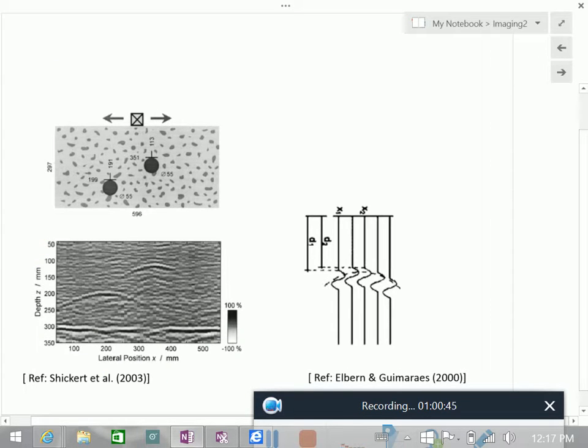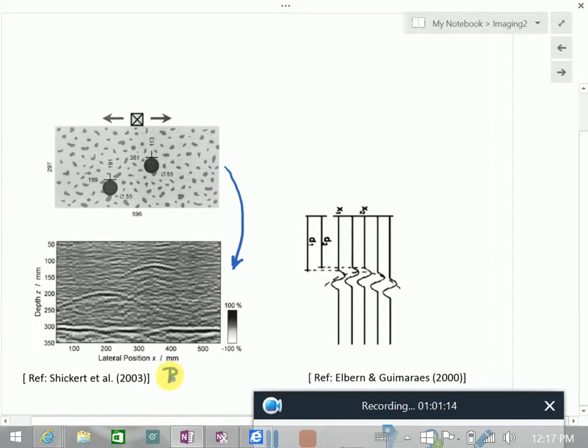Now, the purpose is to see what to do about this. So these are the situations. What should we do about that? Now, you recognize here at the bottom which scan? What do we call this scan? B scan. Please remember that.